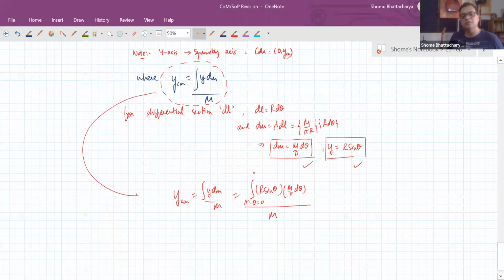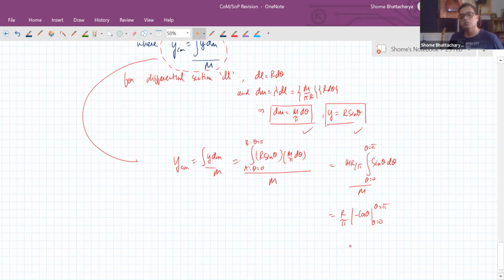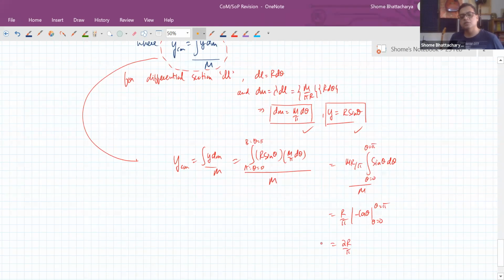At the end B, theta will be equal to pi or 180 degrees. So we're left with this integration. So we get this final value, which is 2r by pi.